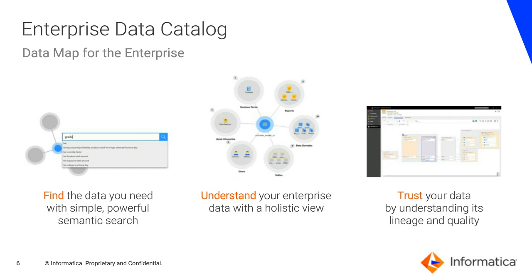Data lineage allows users to automatically see how data is flowing across the enterprise, and we do that by automatically scanning the enterprise systems, the ETL systems like PowerCenter, Data Engineering Integration, Informatica Cloud, but even non-Informatica sources like IBM DataStage, Microsoft SSIS, Oracle Data Integrator, SQL stored procedure code. All of these are parsed to get the data lineage information.